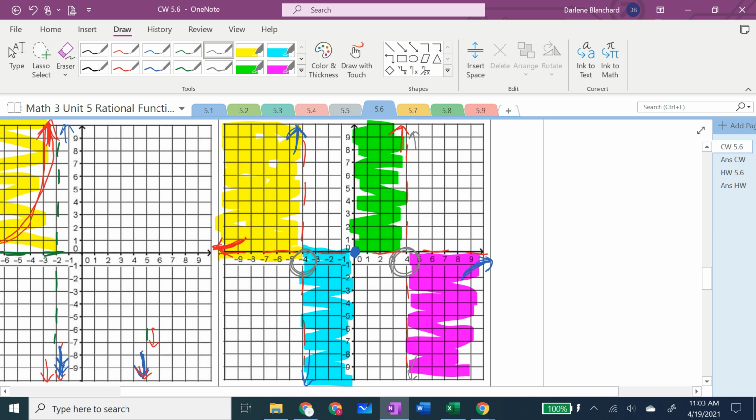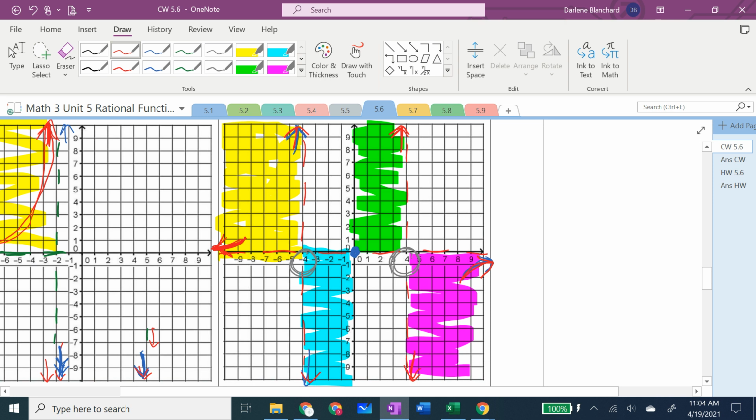Because I must be under the x-axis in that region, I am heading down. And now I have looked at the horizontal asymptote's left side and right side, and for each vertical asymptote, a left side and a right side.